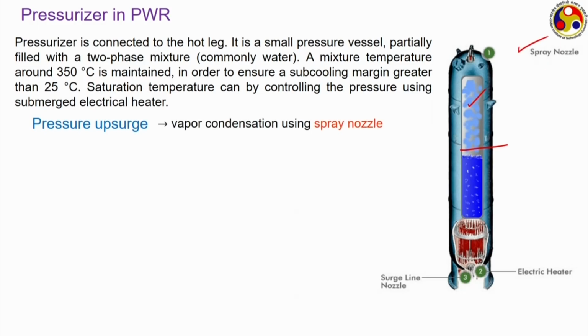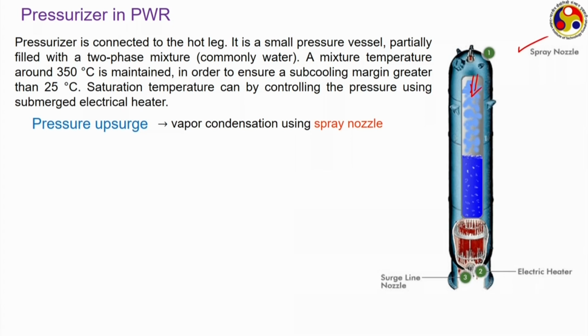This spray nozzle gets activated, and sprays some cold liquid water on the vapor somewhere here, thereby condensing some amount of vapor, and once the vapor condenses, the pressure of this vapor part reduces.